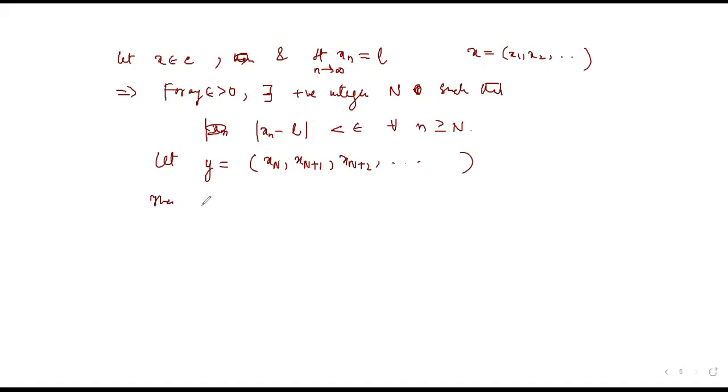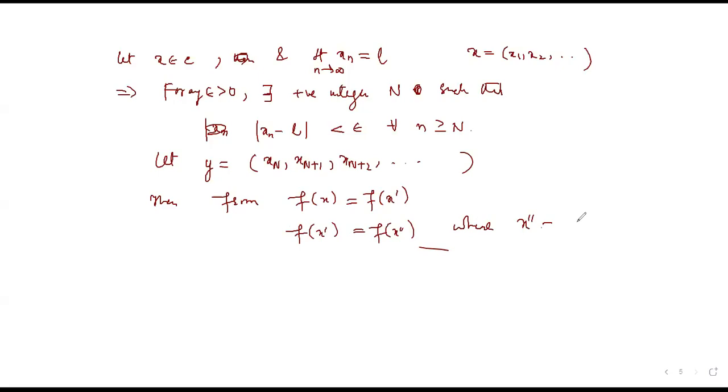Then from f of x is equal to f of x prime, जो हम प्रूव कर चुके हैं, it implies that f of x prime then must be equal to f of x double prime, क्योंकि हम इसको फिर से ऑपरेट करेंगे, where x double prime है जहां मैंने दो टर्म्स को शिफ्ट किया था. ठीक है ना. And repeating the process N minus 1 times, I can do this.